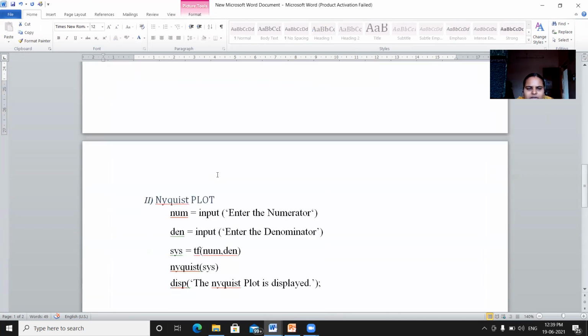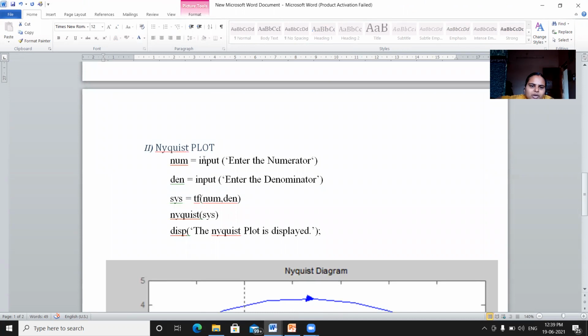In the same way, for the Nyquist plot, the programming is very simple. Again, you go with the numerator part, which is an input, enter the numerator, and the denominator part, give as an input, that is, enter the denominator values. Then SYS or any function name you can write here, transfer function of numerator and denominator. Here it will change. Instead of Bode, you write Nyquist.